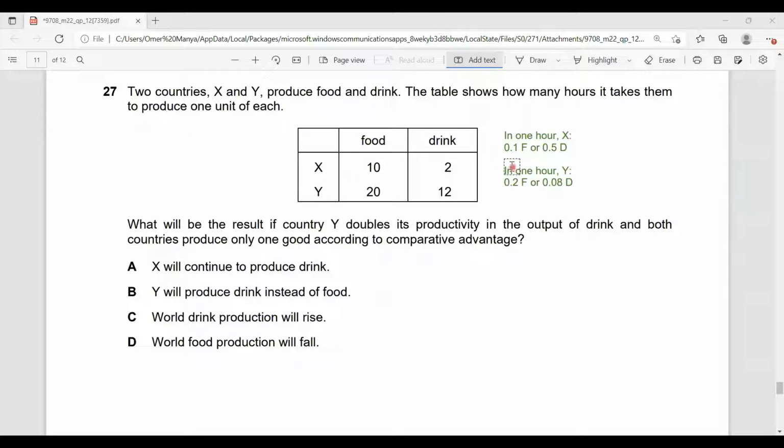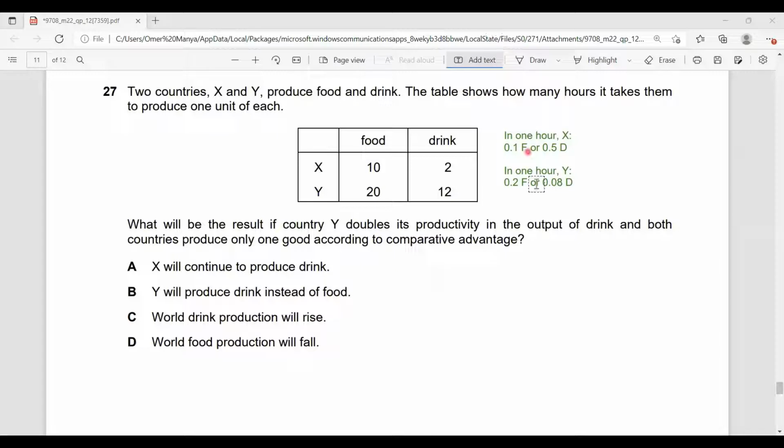I've listed here how many units would be produced in 1 hour for each country. For example, for country X, in 1 hour, they would be able to produce 0.1 units of food or 0.5 units of drink. So I'm comparing how many units they'd be able to produce in 1 hour for both these goods.